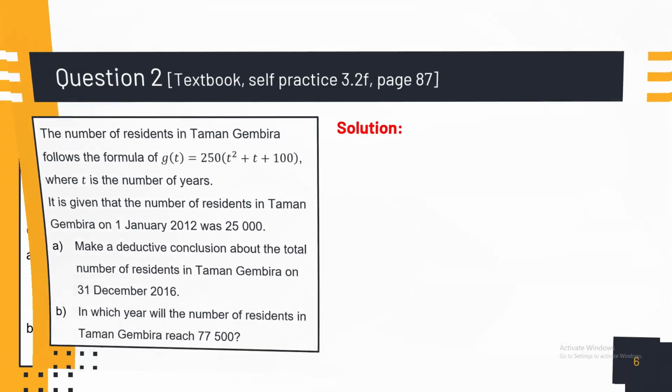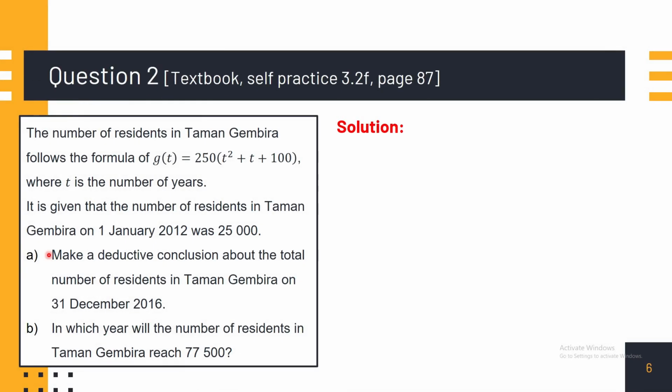And then we take a look at the solution for B. In which year will the number of residents in Taman Gembira reach 77,500? Now we look for the solution. The number of residents is 77,500. This is represented by G(t), because this formula is for the number of residents.